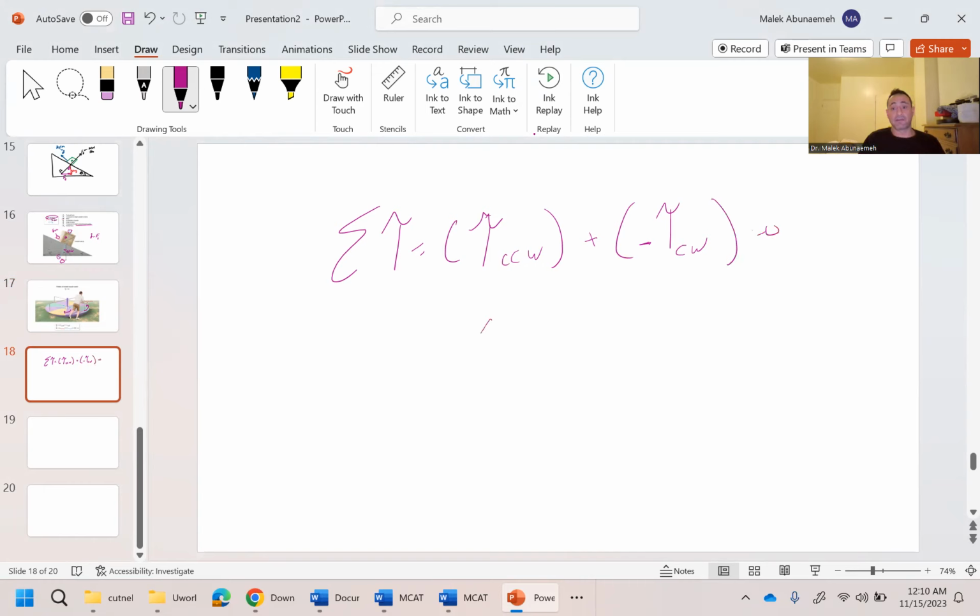Basically, your counterclockwise torques minus your clockwise torques equal 0. That's the summation of all the torques, and it equals 0 Newton meters. That's when you get into the state of equilibrium.